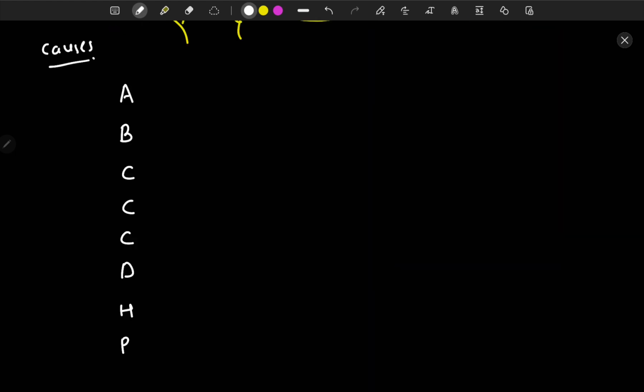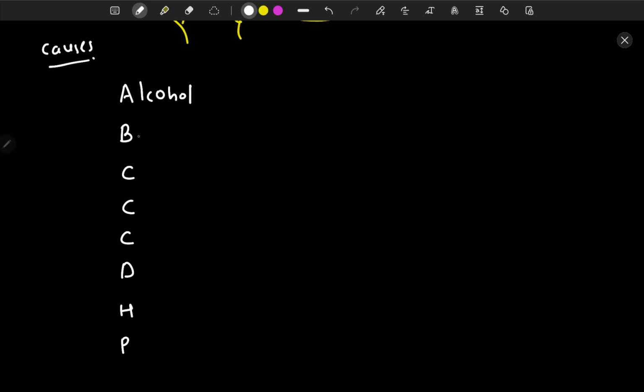So now we can look at the causes of this dilated cardiomyopathy. You can remember them by A, B, C, D, H, P. A is intake of alcohol. The intake of alcohol is strongly associated with the formation of dilated cardiomyopathy.